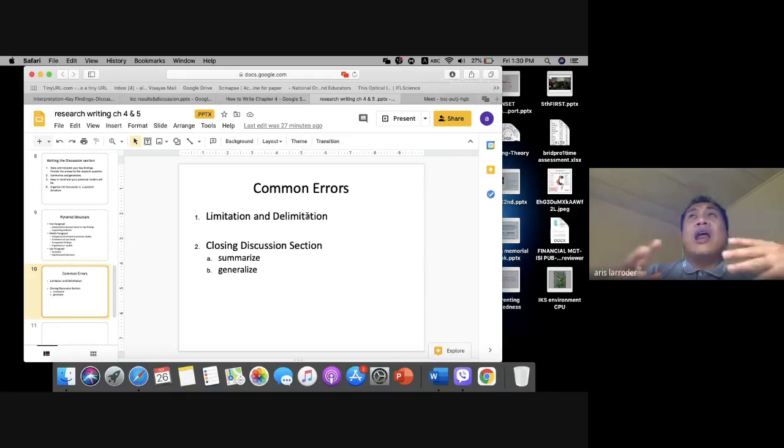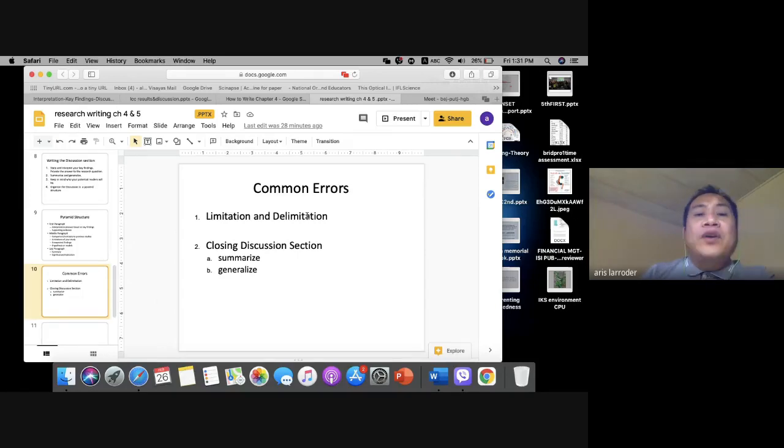There is already a disclosure of the information or the research design that is not covered by your research objectives. So that's the meaning of delimitation.